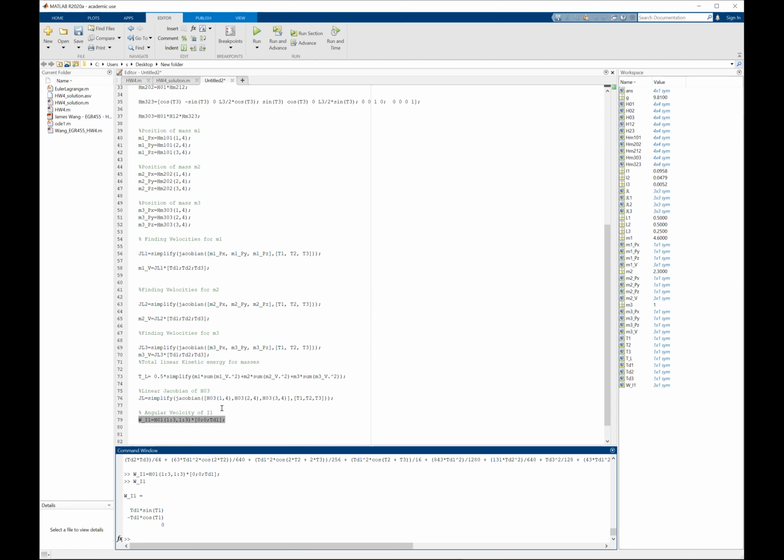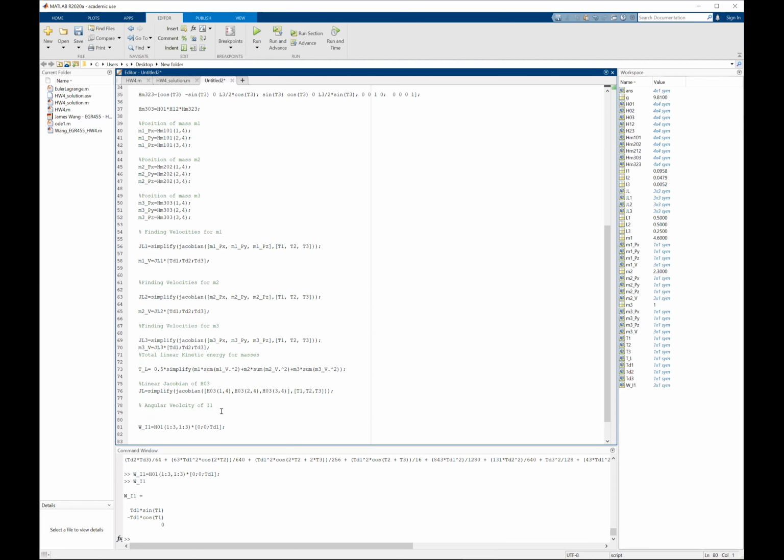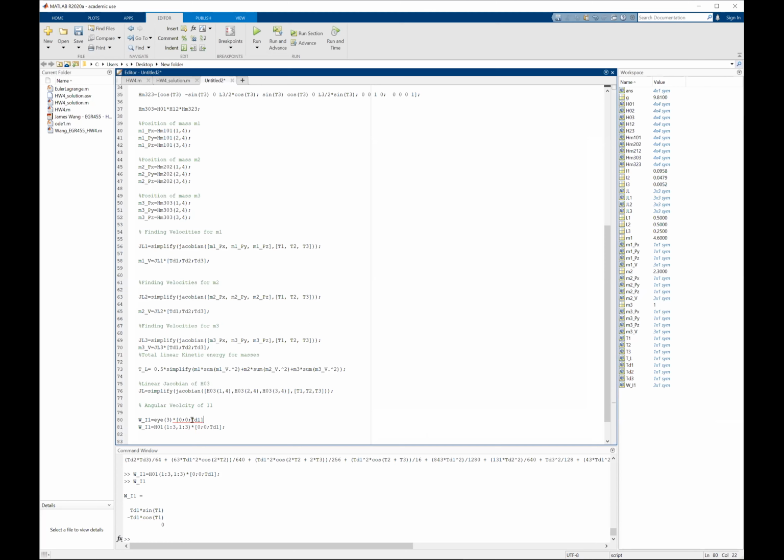Now there is something else I need to clarify. W_I1 is basically going to be the identity matrix multiplied by 0, 0, TD1.